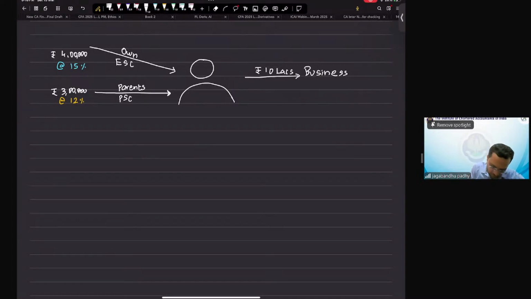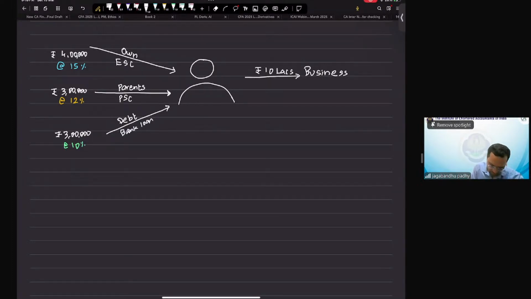Then finally, this person gets 3 lakh from debt. And this is going to be, let's say, this 3 lakh is being raised at a cost of 10%. Maybe you're just taking a bank loan in that case.